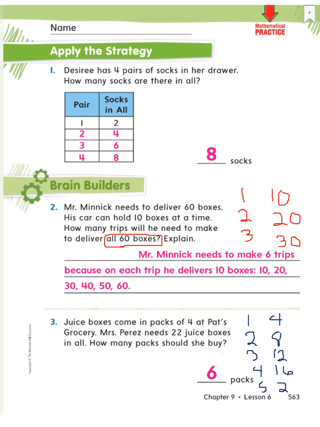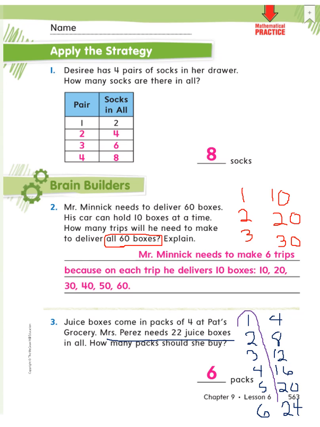20. Well, that's not enough because the problem says Mrs. Perez needs 22 juice boxes, which means we have to get one more and then add 4. Now we have too many, but at least we have enough for each student. There's a pattern.